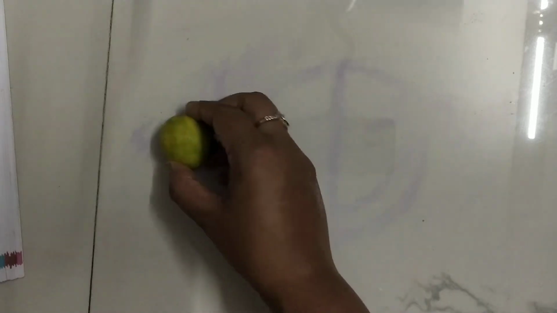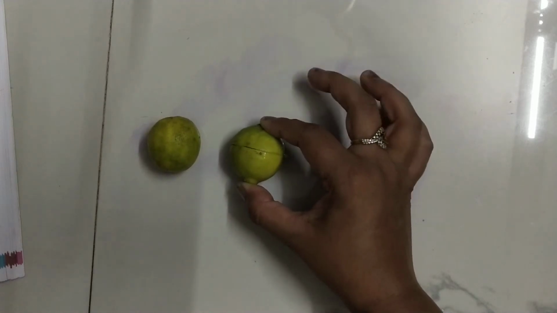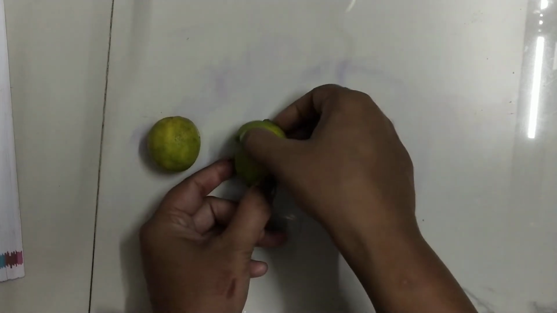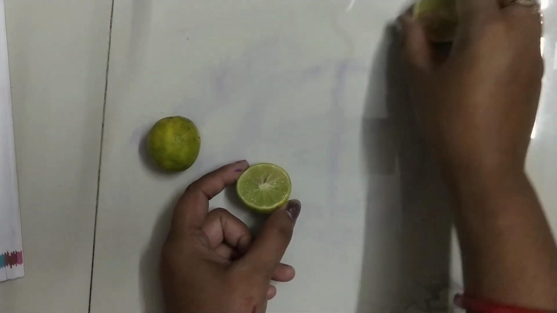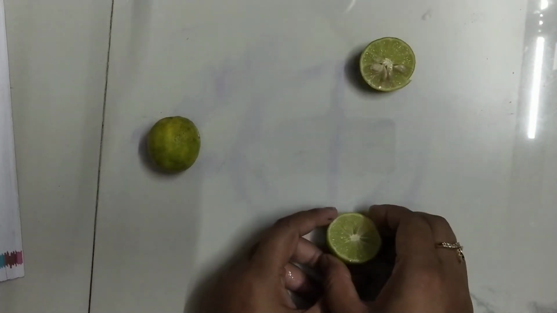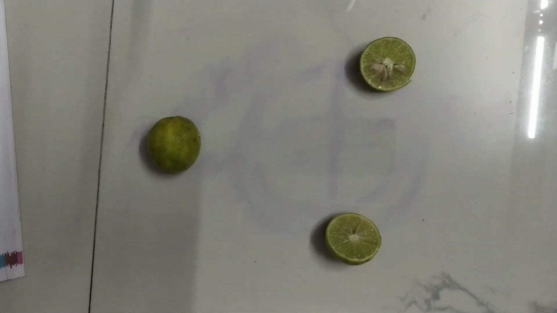Suppose here I have 1 lemon. This is the whole part. But when I cut it into 2 equal parts, this one will be the half and this one will be the half.